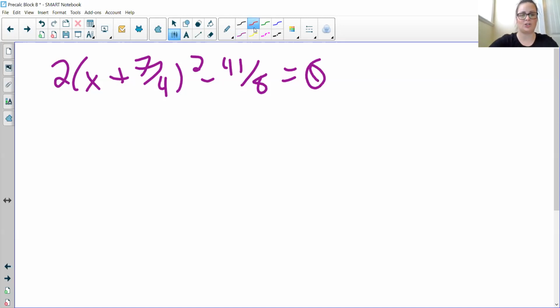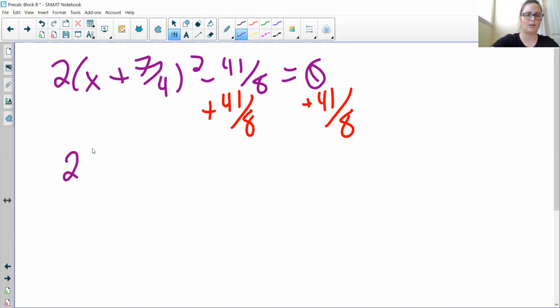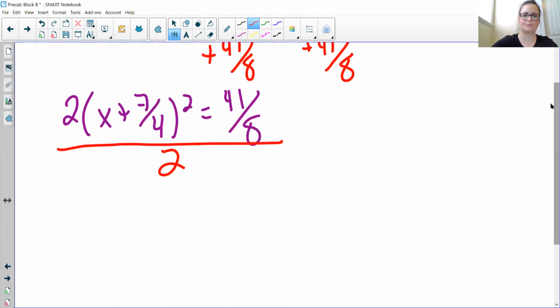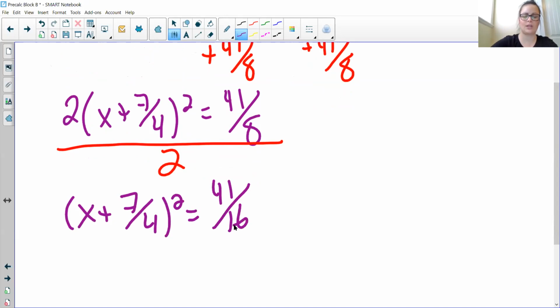And how you would solve is you would add 41 over 8 to both sides. You would then divide everything by 2. And then you would take the square root of both sides, because you have now isolated your square.